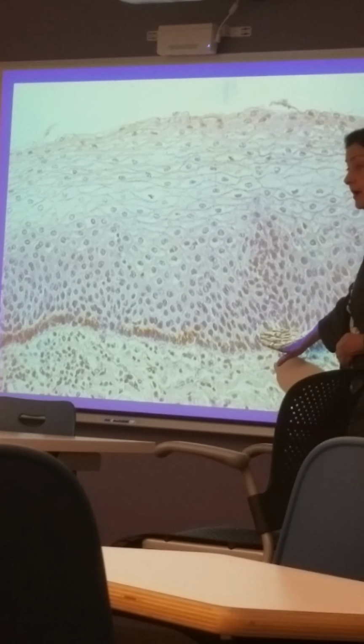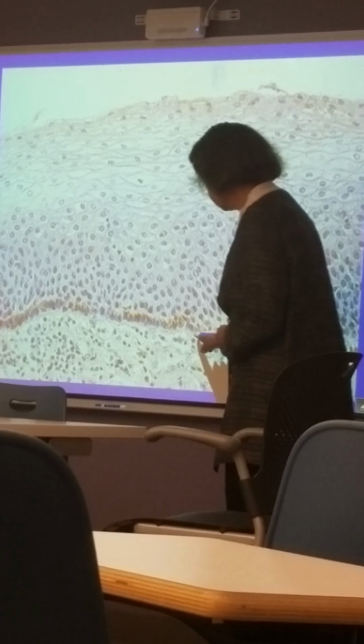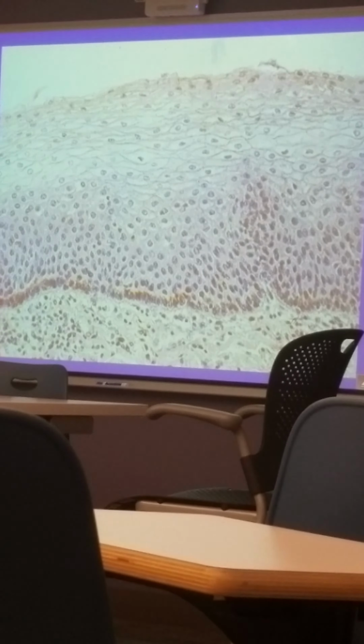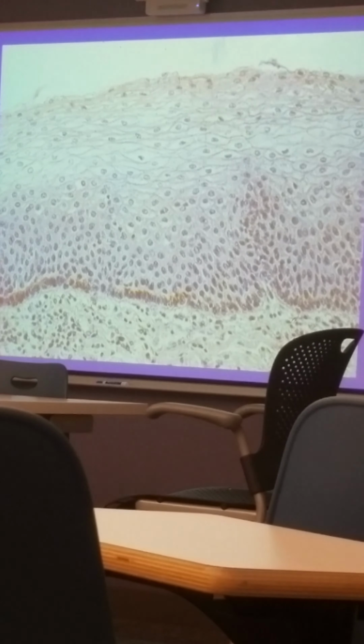And the top part is many, many layers of stratified squamous epithelium that ends at the basement membrane. And then underneath it is an area with a lot of nerves and blood vessels, a deeper connective tissue layer of the skin. The top layer of your skin is stratified squamous epithelium.